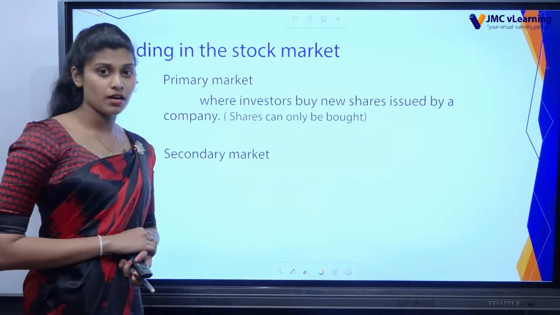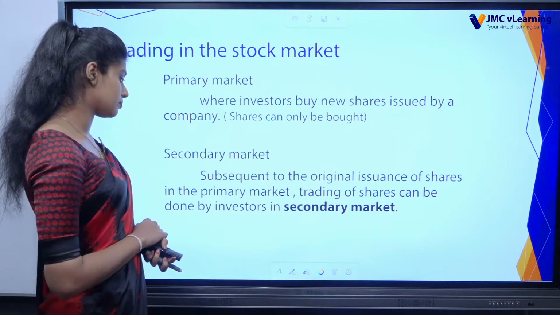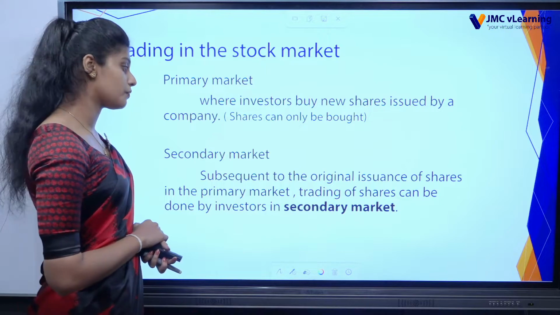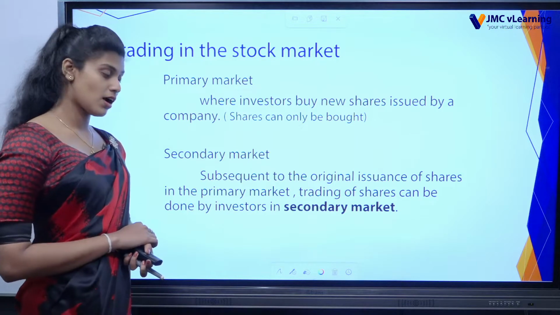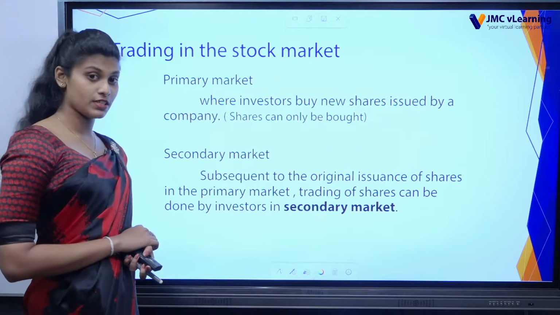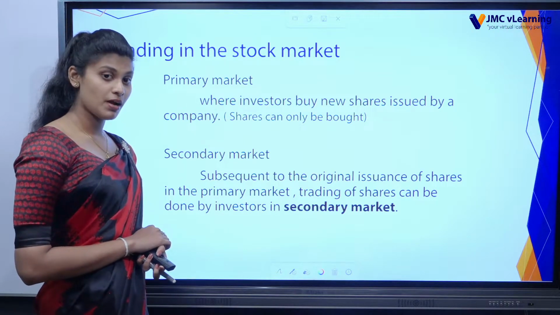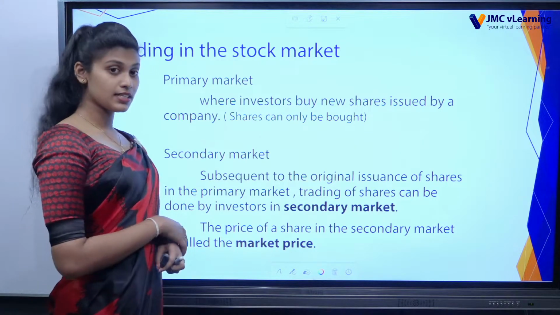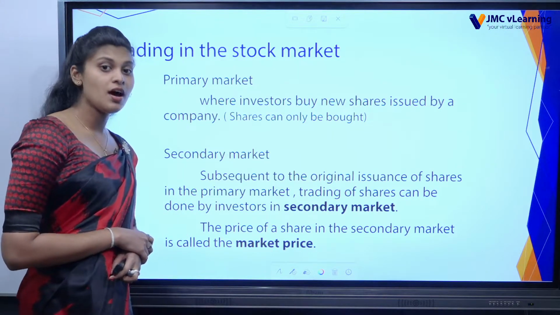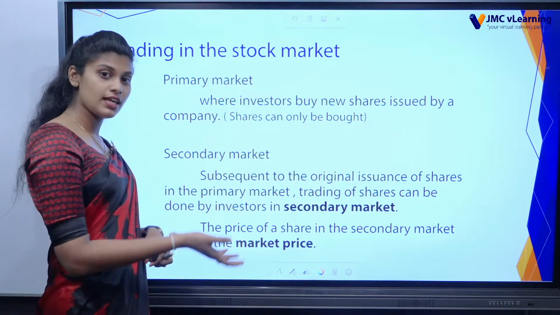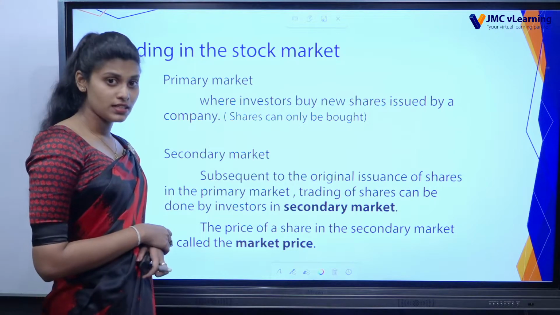Then the secondary market. What is the secondary market? Subsequent to the original issuance of shares in the primary market, trading of shares can be done by investors in the secondary market. The price of a share in the secondary market is called the market price. In the secondary market, we can sell and we can buy shares.